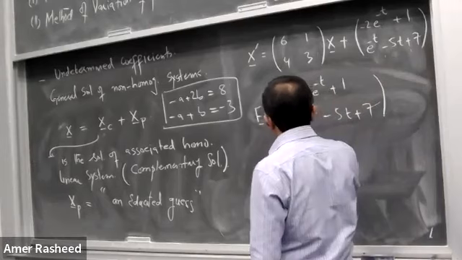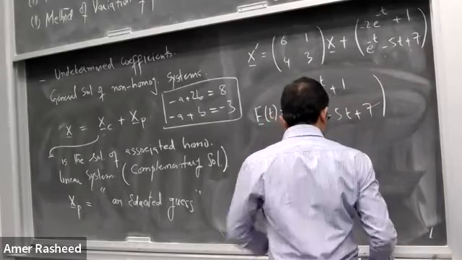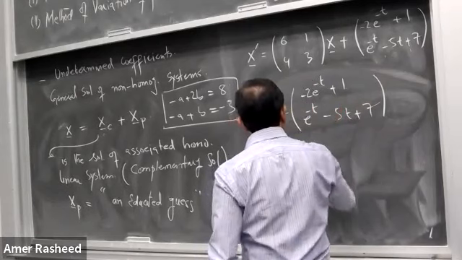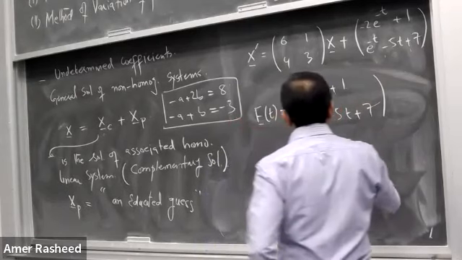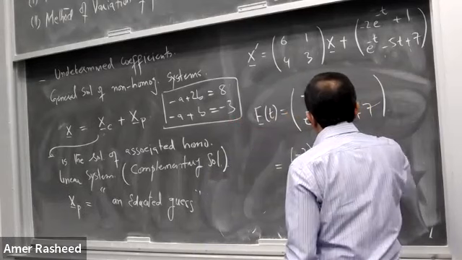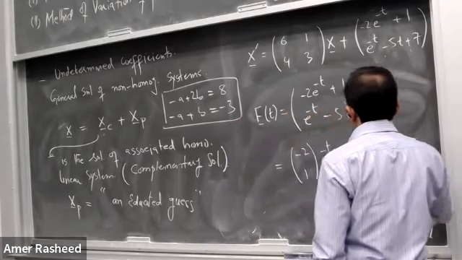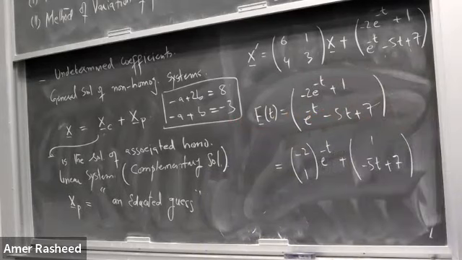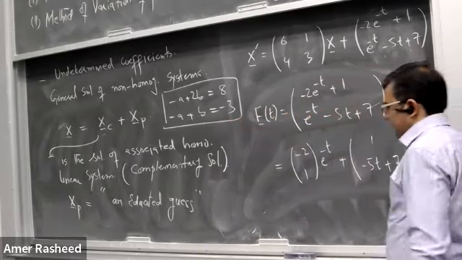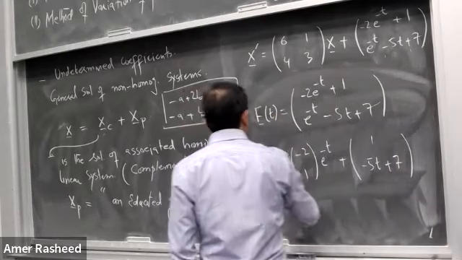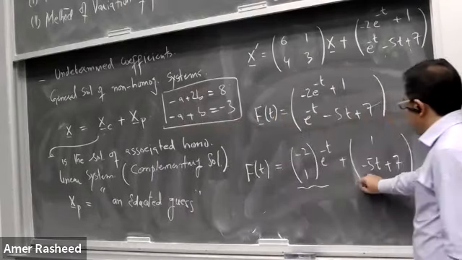We can write e raised to the power negative t times the vector negative 2, 1, plus the vector 1, negative 5t plus 7. Now we have two different functions. F of t is this now.